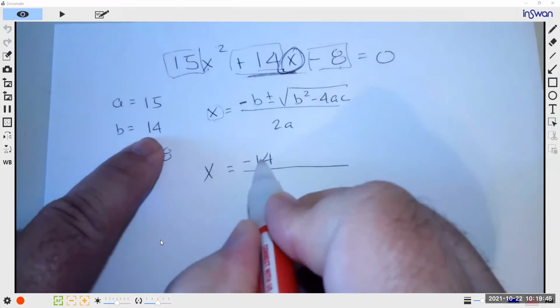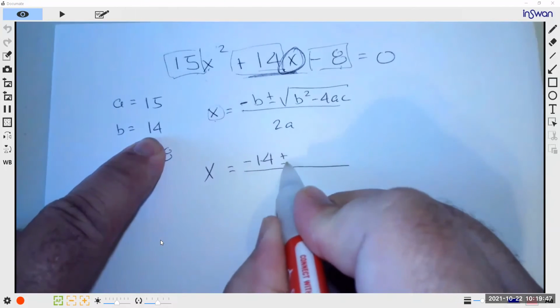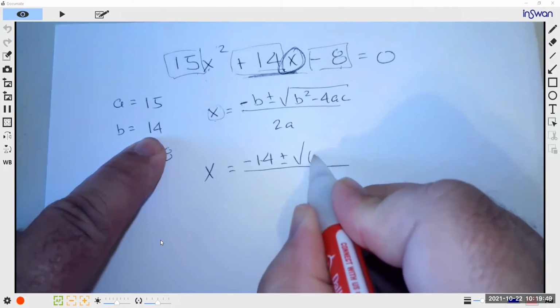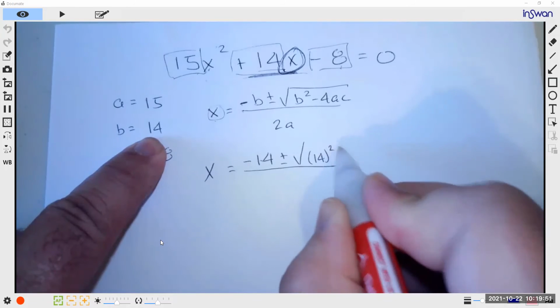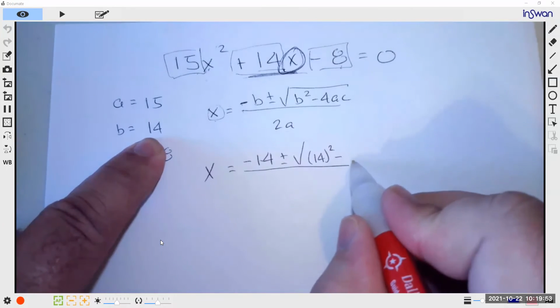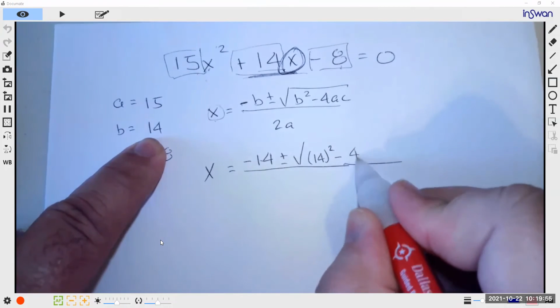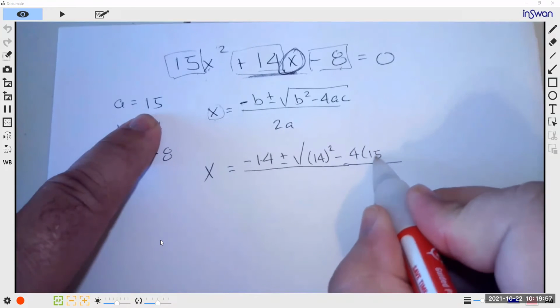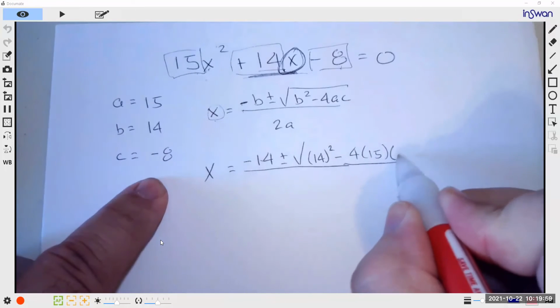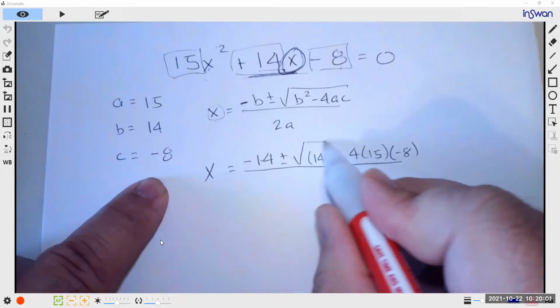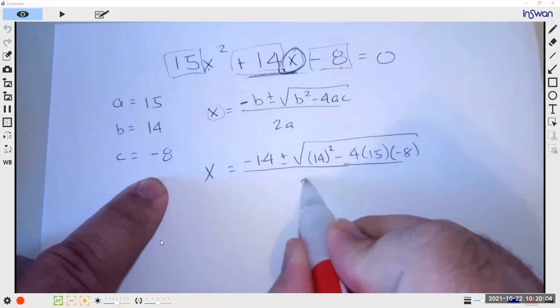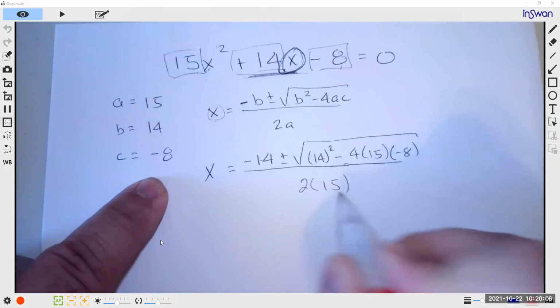I put b as 14, so it's negative 14. 14 squared. A is 15. C is negative 8. 2 times A is 15.